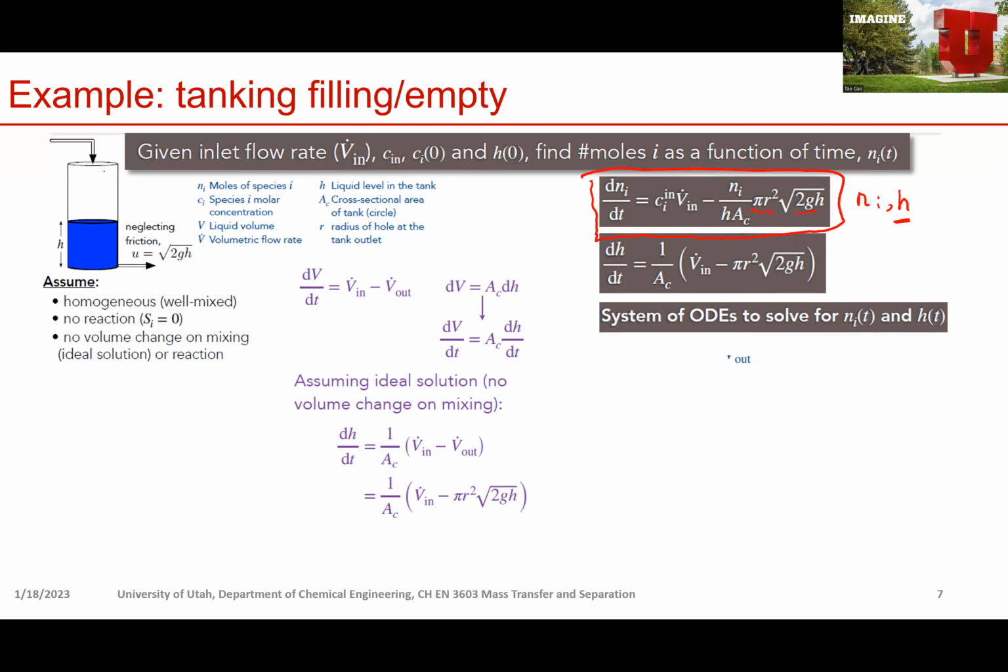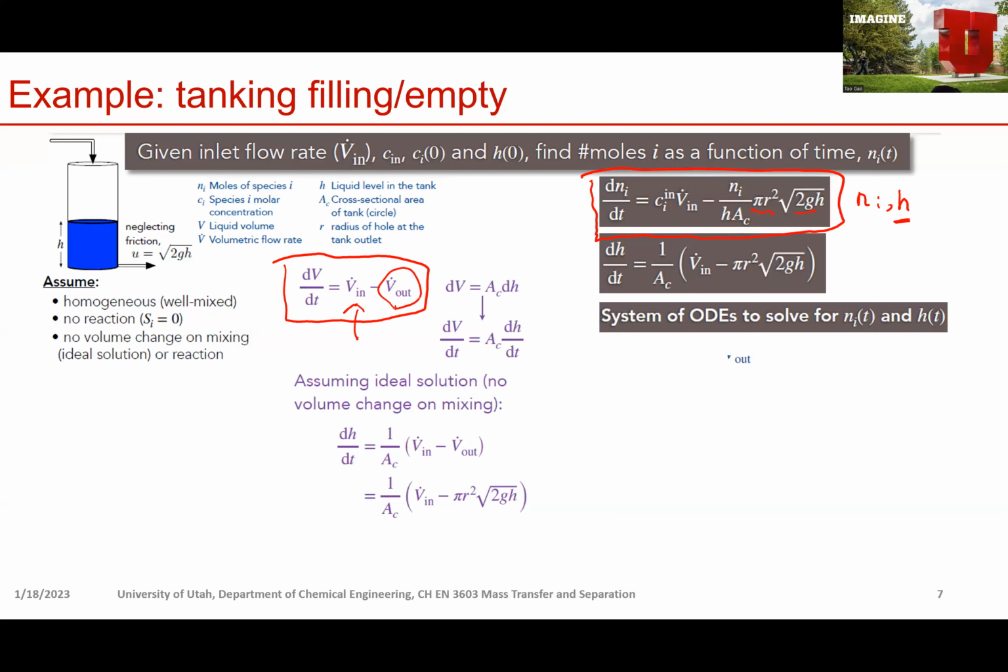We should be able to find an equation relating H to other known variables: the volume change of the liquid in the tank is the difference between the inlet flow rate and the outlet flow rate.